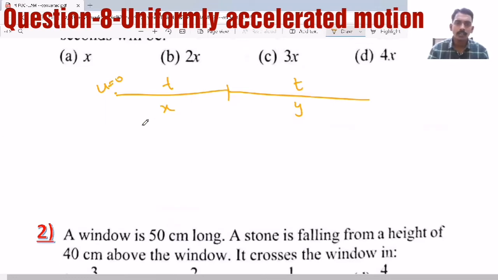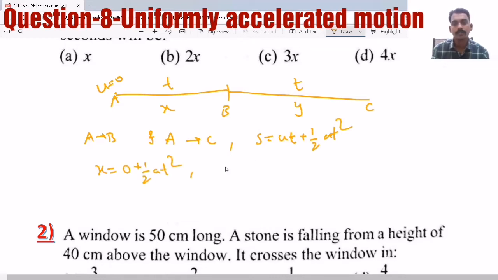Now to solve this, let's take these points as A, B and C. Always choose A as one point because your velocity is 0, so that you can apply the equation easily. From A to B and from A to C, you can apply s equal to ut plus half at square. From A to B, x equal to u0 plus half at square.